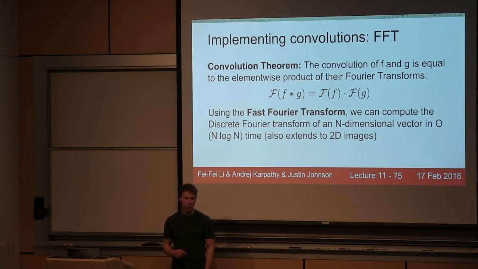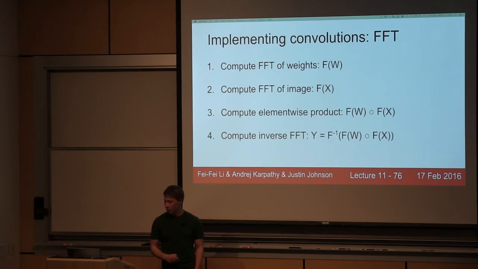You might also remember from, again, a signal processing class or an algorithms class, that there's this amazing thing called the fast Fourier transform that lets us compute Fourier transforms and inverse Fourier transforms really, really fast. There are versions of this in 1D and 2D, and they're all really fast. So we can apply this trick to convolutions.